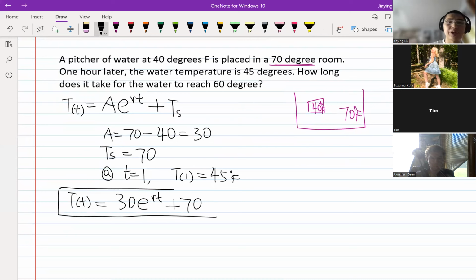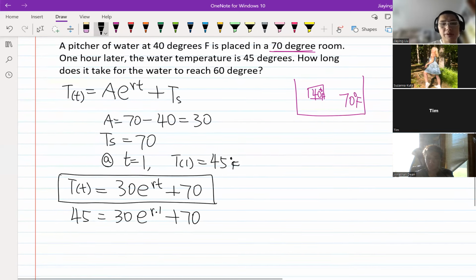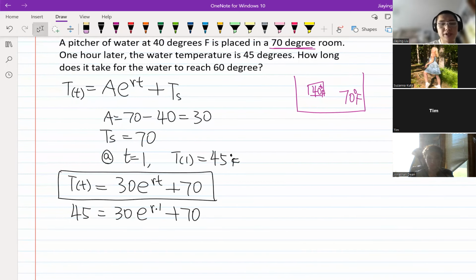And we still don't know the rate. But we have the information that at time equals 1, the temperature of the object is 45. So we can plug in that information. So you get 45 degrees is equal to 30 times e to the RT, t is 1, plus 70, and then we can solve for R because this is the equation with R that's unknown.